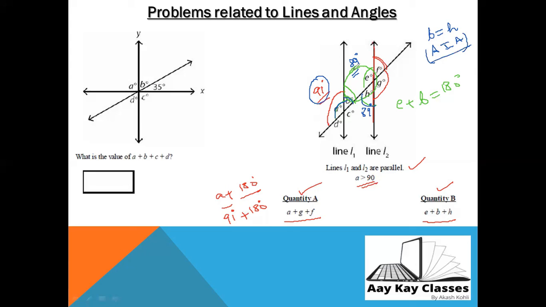All right. So if this is 89, that means this is also 89. So I can write it as 180 degrees plus 89 degrees. So all in all, if I take 91 and if I take it as 89, it means this is always a greater quantity. So the answer A is the right answer, that quantity A is greater.